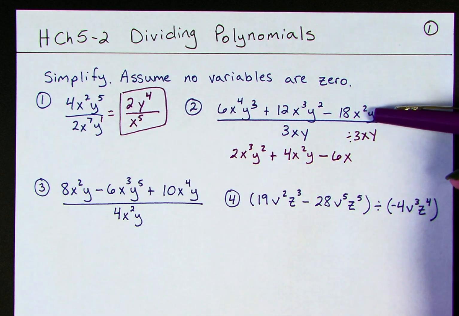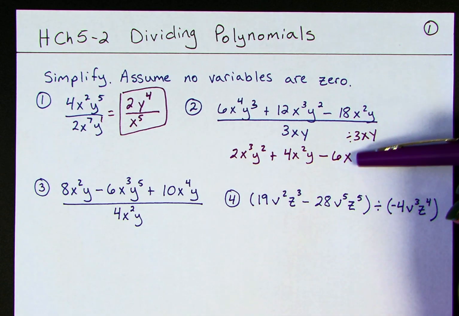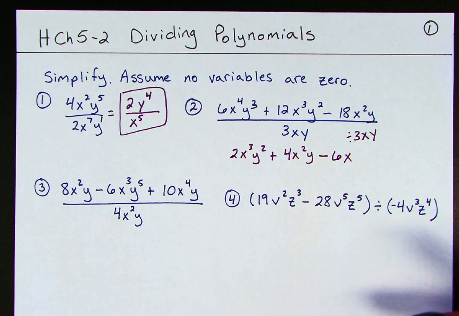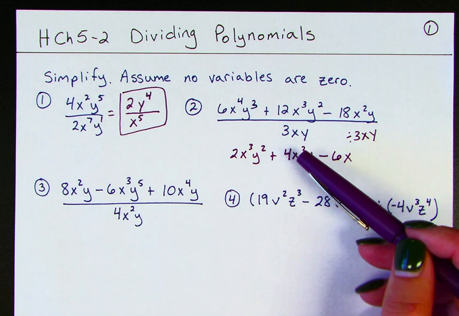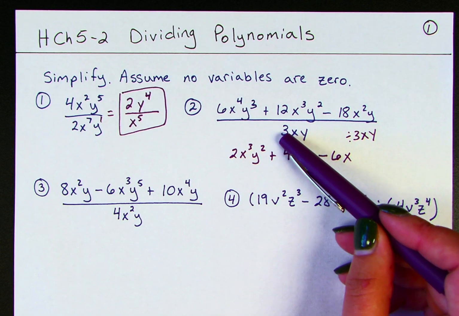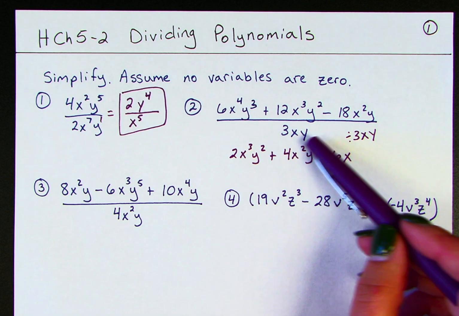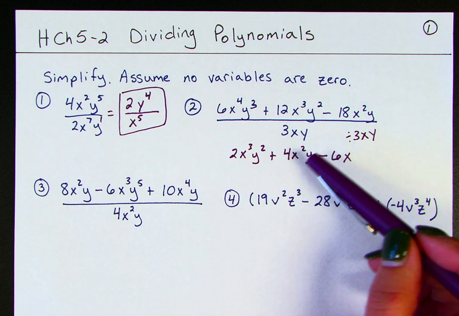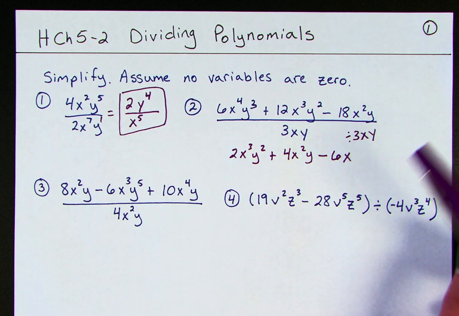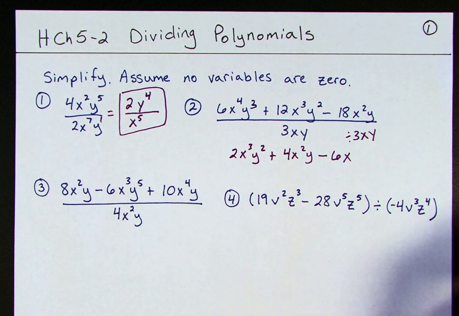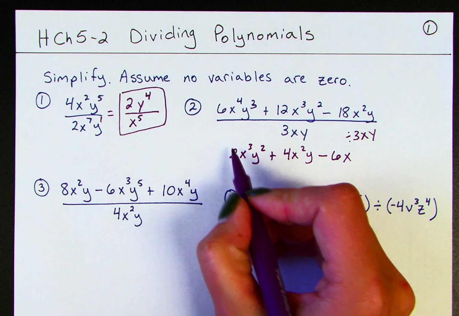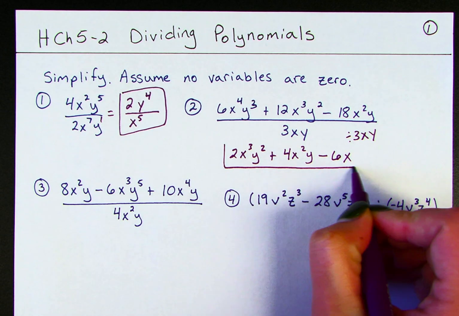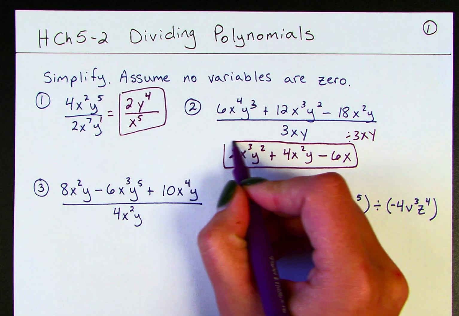And then when I take this one away, I don't have any left, so I'm not going to write a y in that last term. And then as I look at my denominator, 3 divided by 3 is 1. And then we're taking both the x and y away. So when I have that big fraction, we never want to write it over 1 because that's not considered simplified. So that means that this would be my final answer.